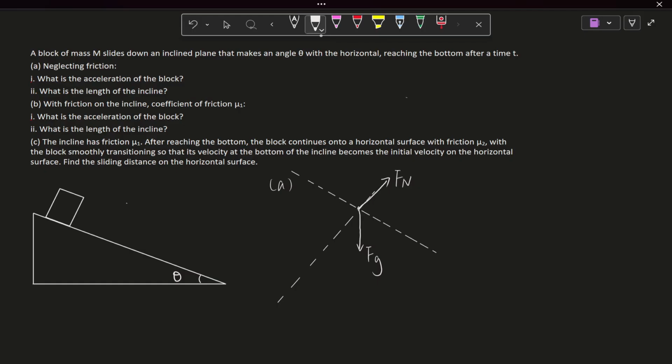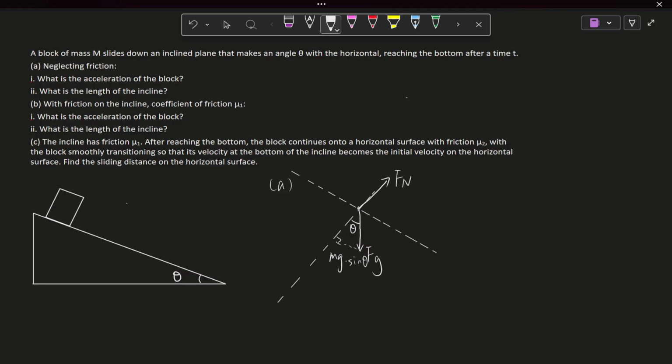So this is one of the components. Always remember this angle is theta. In AP1 you don't really need to worry about it right now. And this is theta, and we can get this component. This component is equal to mg times sine theta.